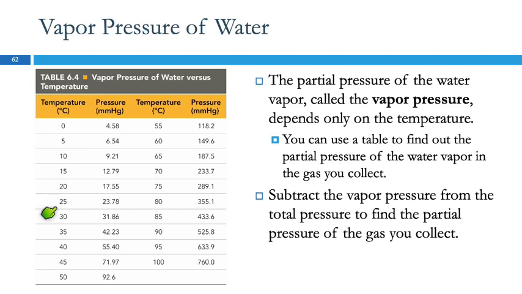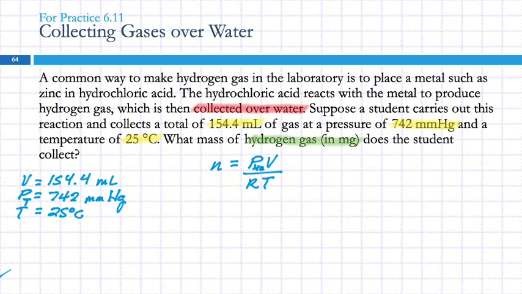At 25 degrees Celsius, the vapor pressure of water is 23.78 millimeters of mercury. So P H2O equals 23.78.